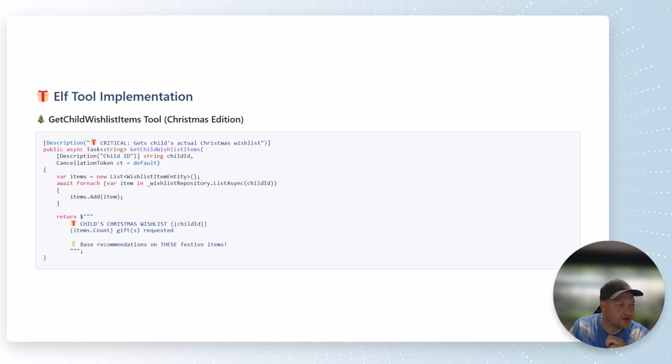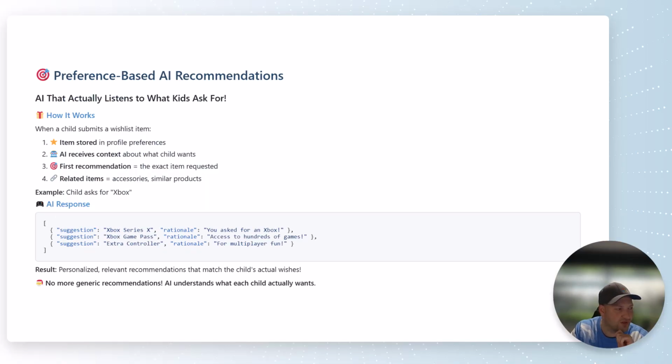Essentially it's basing the recommendations on the information coming back from the tool, and also on these festive items as well as the Christmas wish list from the child. I'll just quickly go through it.